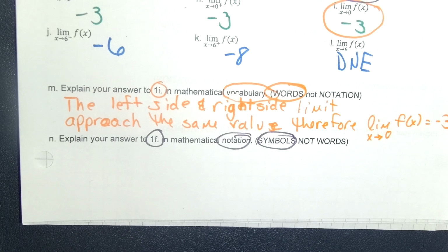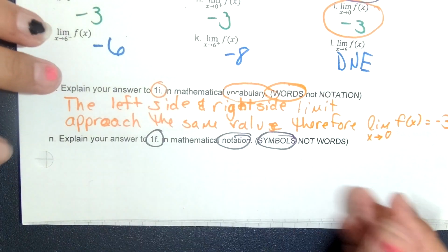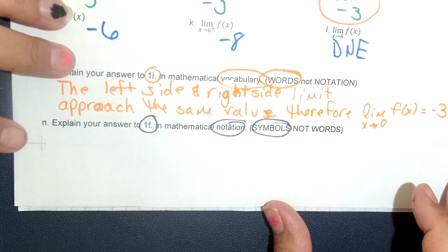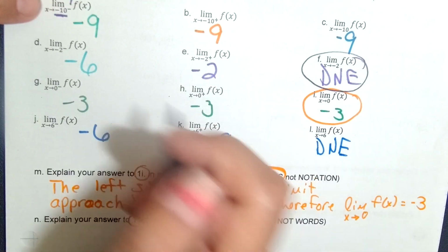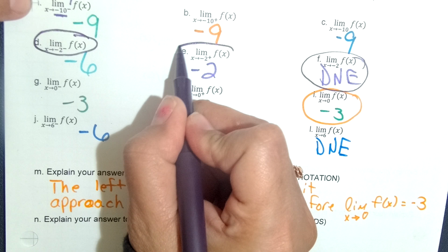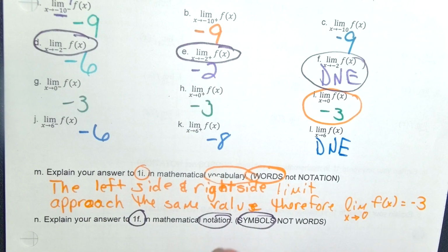When two numbers are the same, what's the mathematical symbol? Equal. So what's not the same? Does not equal. Wow, that was hard. So we're going to use this notation and this notation. And this is the only hint I'm giving you about this.